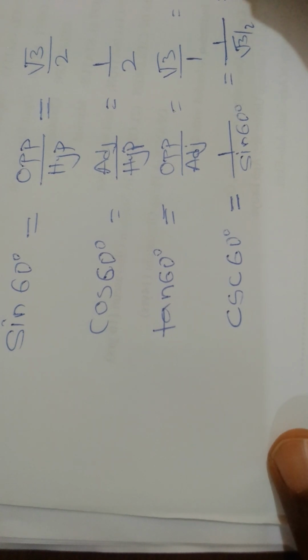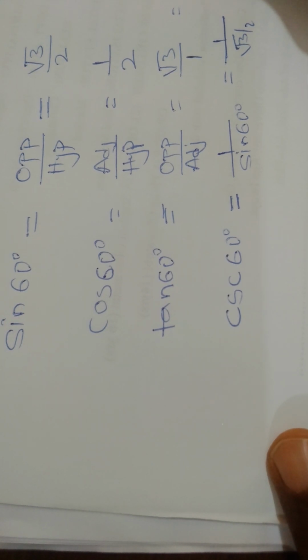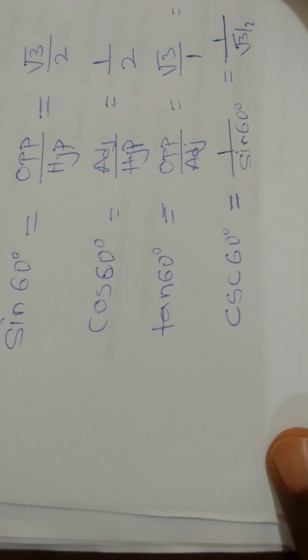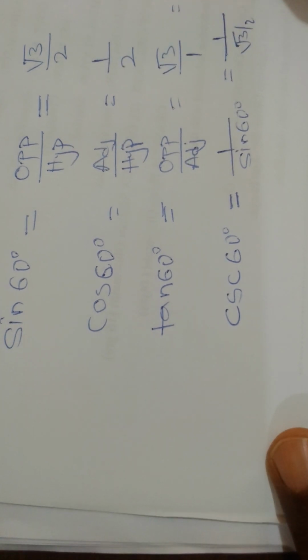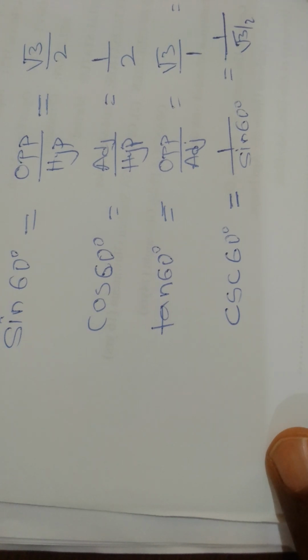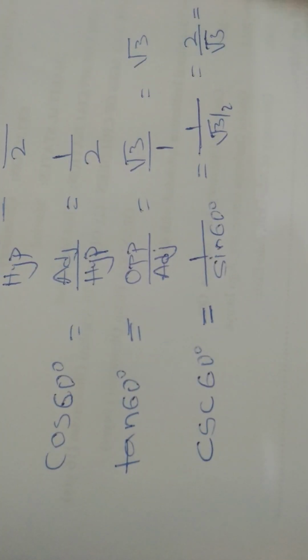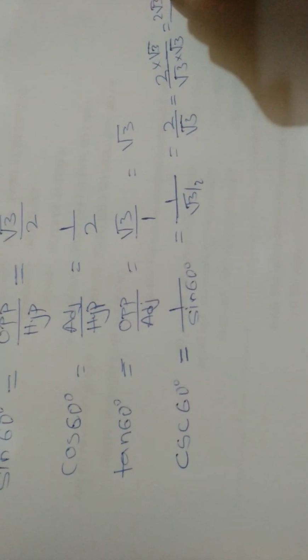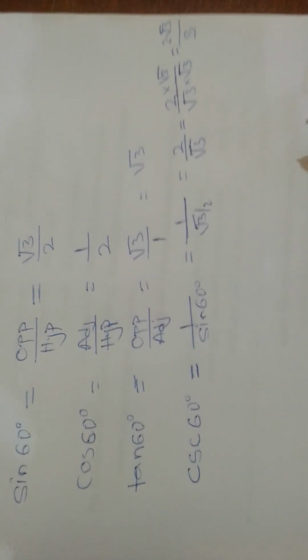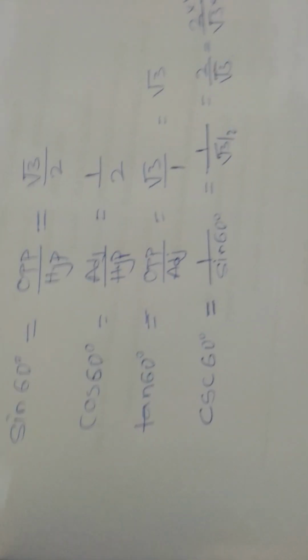You don't leave a root as your denominator, so you rationalize. That's going to be 2 over root 3, multiply both the numerator and the denominator by root 3, so we're going to have 2 root 3 over 3.